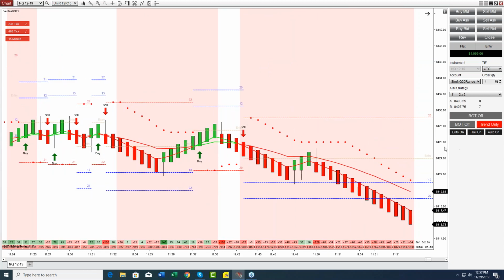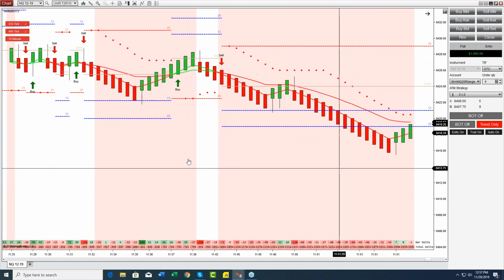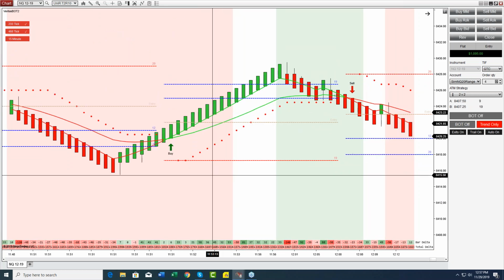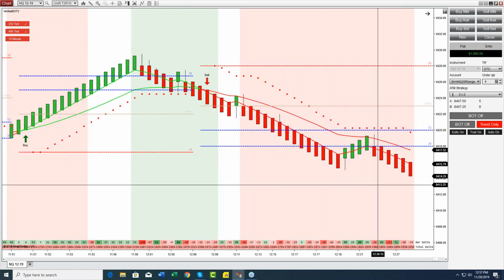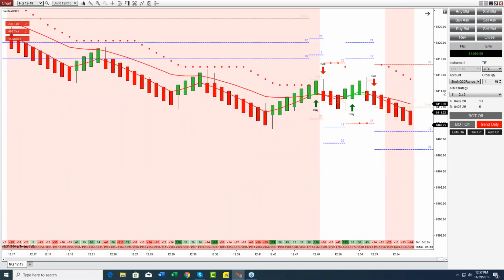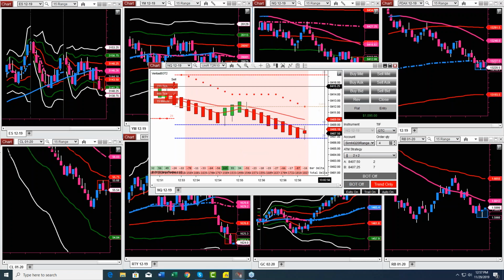But it does get this at 1145. Winner, winner. Nothing here. But trading 4 contracts, 2 and 2, up $1,000 on this particular instrument.